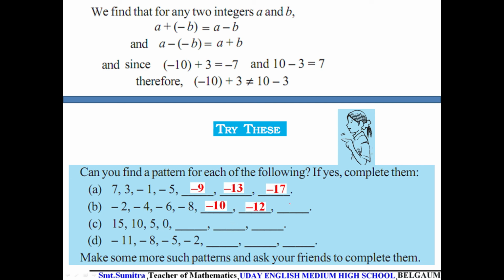Try to write the next. It is minus 14. Answer C and D yourself. It's a very simple pattern. Hope you can answer.